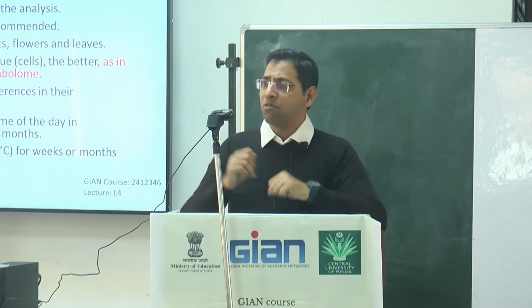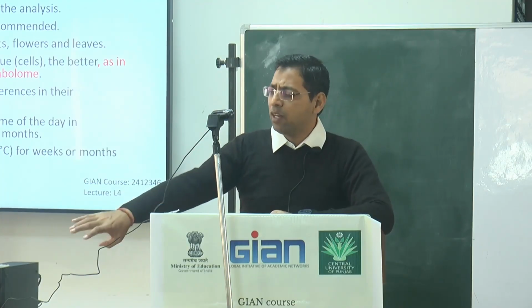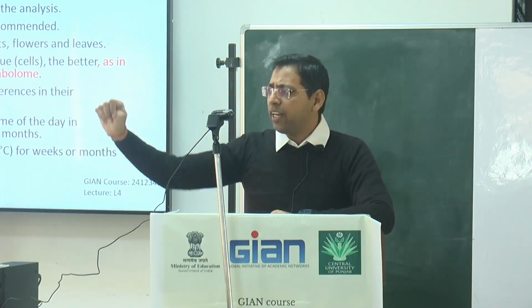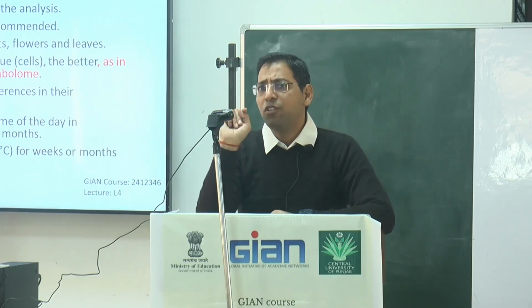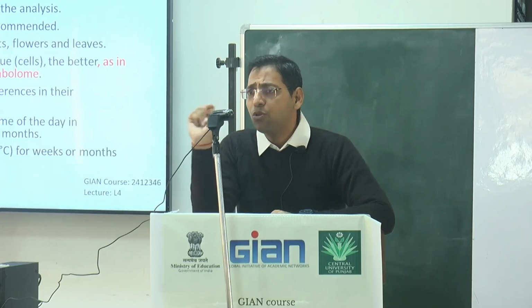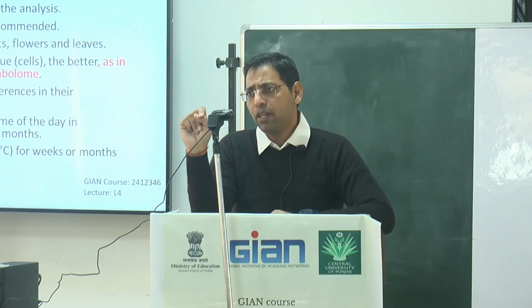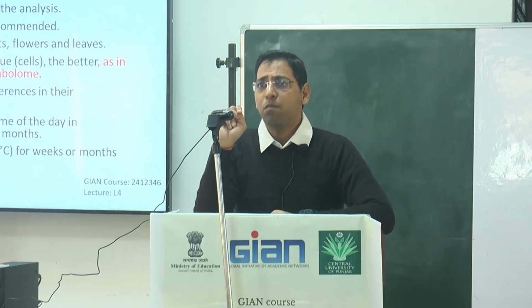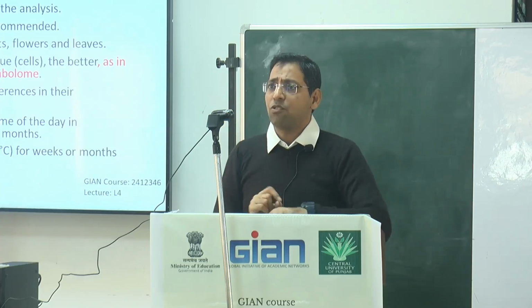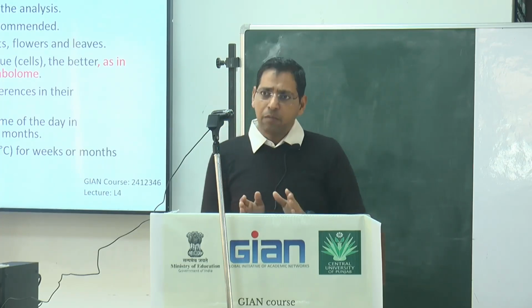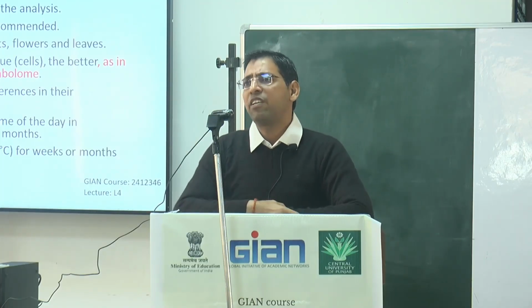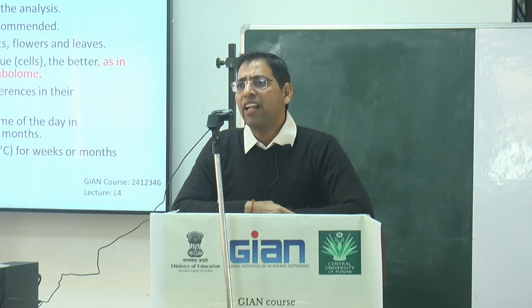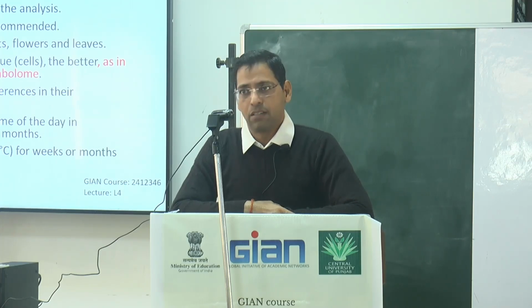Many times we take the whole plants and put them somewhere. First of all, you have to find out which tissue you will use for your experiments. Is it root, stem, or leaf? The second point: if you are taking the leaf, I recommend you please avoid the veins, because veins have different biochemistry than the mesophyll and palisade cells.